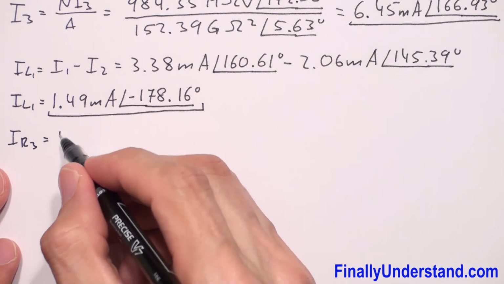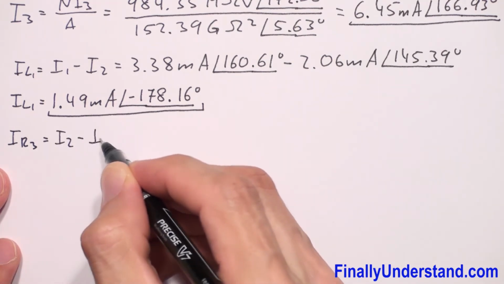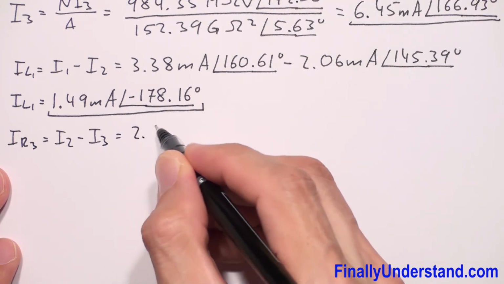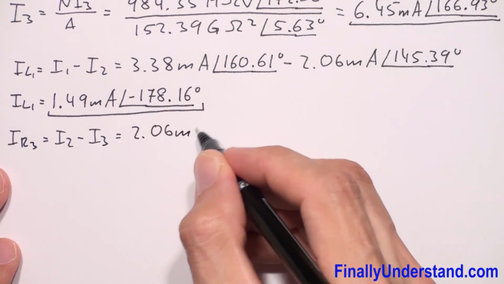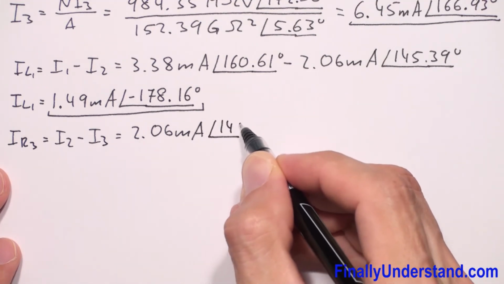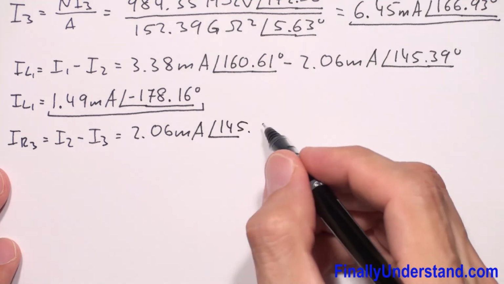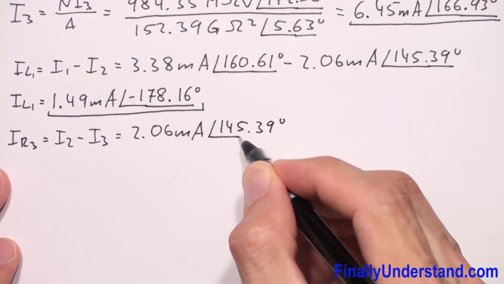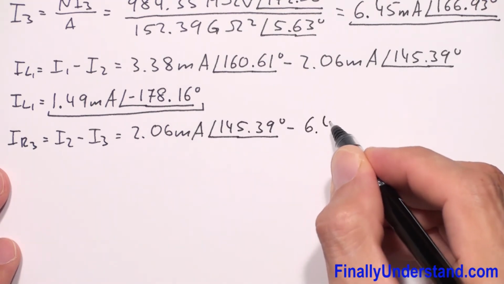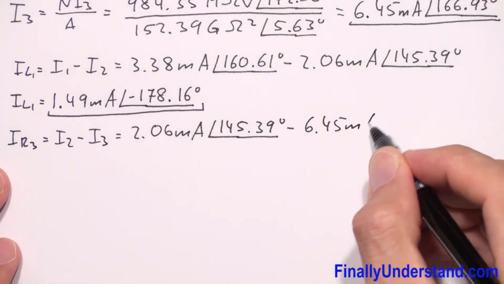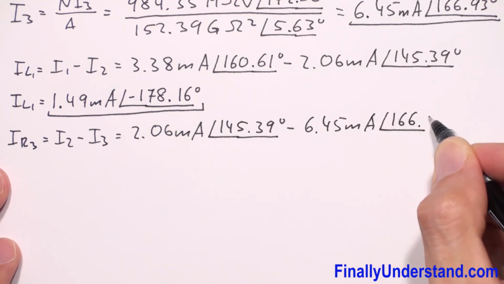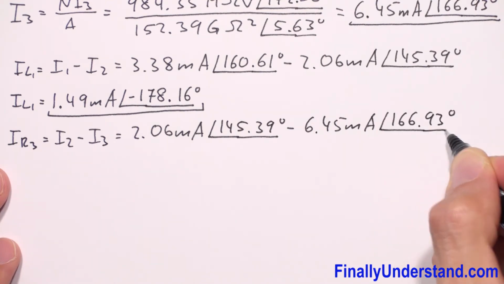IR3 is equal to I2 minus I3, where I2 we found is equal to 2.06 milliamps and angle of 145.39 degrees, minus I3, which is equal to 6.45 milliamps and angle of 166.93 degrees.